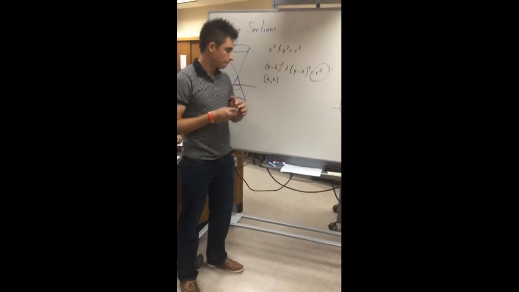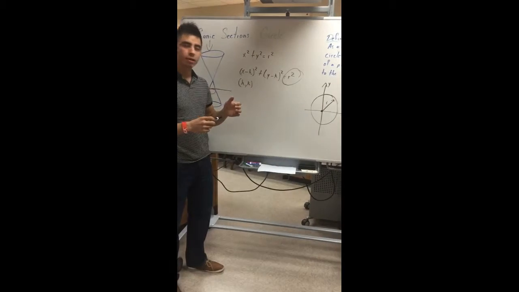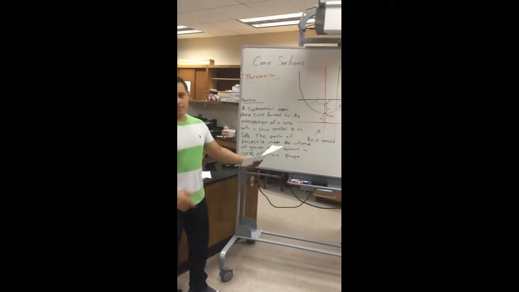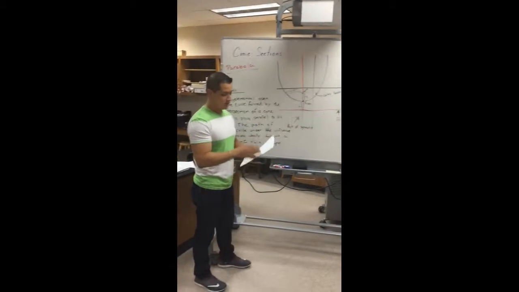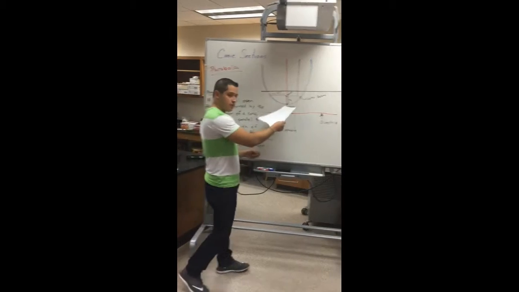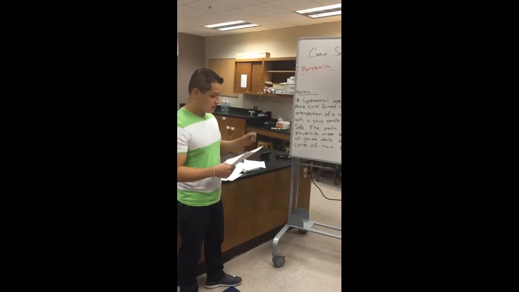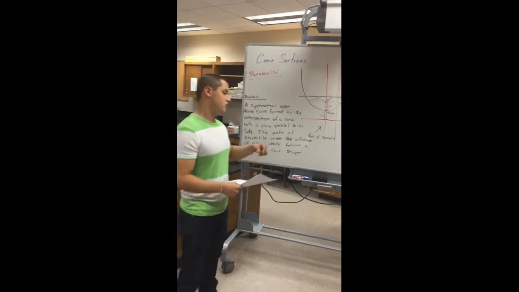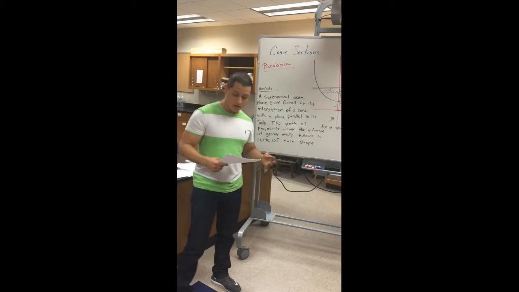That's pretty much it. The next section that we're going to talk about will be the parabola. As I mentioned before, when you intersect the cone, you can also form a parabola. Let me start from the beginning. When you hear the word parabola, the first thing that should come to mind is the quadratic function.